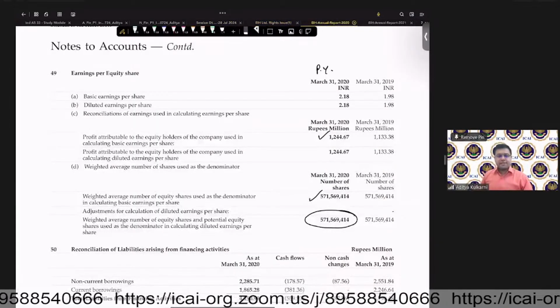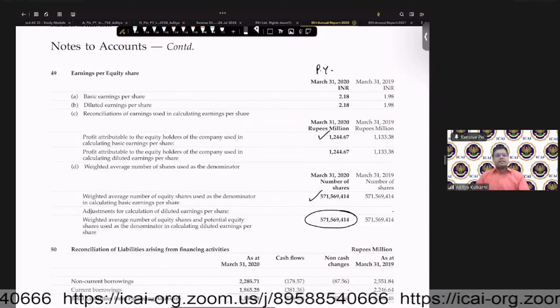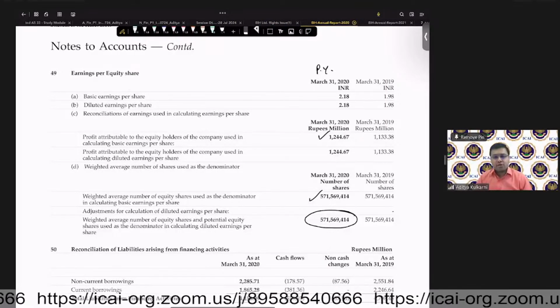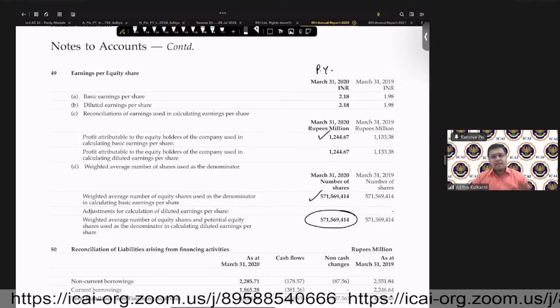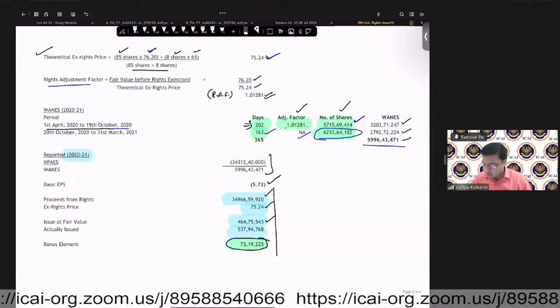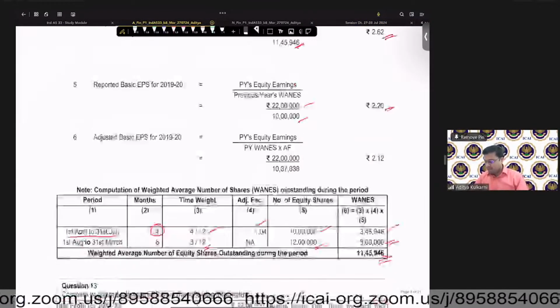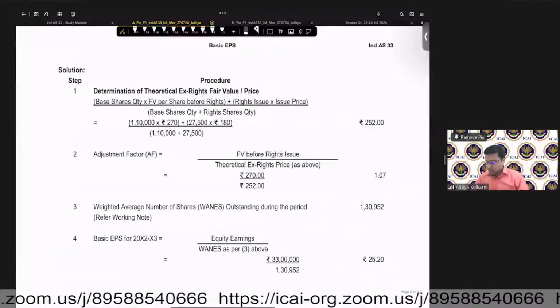All right, fine. So that takes care of the overall right scenarios. How are we going to do the calculation, even in the real scenarios? So that covers our discussion. So rights and bonus in totality, we have completed. Any doubts so far? Anybody?